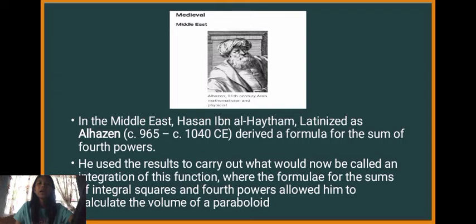In the Middle East, Hasan ibn al-Haytham, Latinized as Alhazen, 965 to 1040 CE, derived a formula for the sum of fourth powers. He used the result to carry out what would now be called an integration of this function, where the formulae for the sums of integral squares and fourth powers allowed him to calculate the volume of a paraboloid.